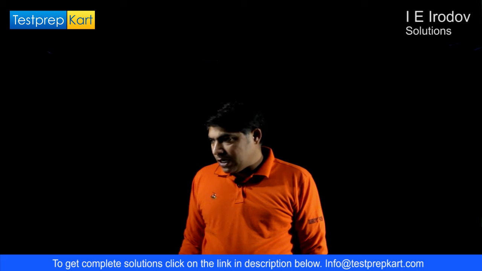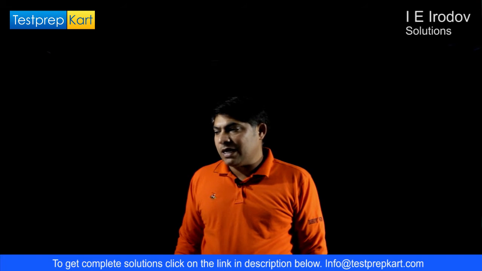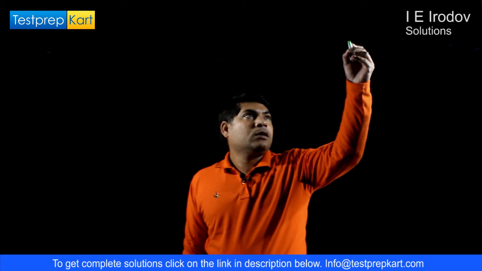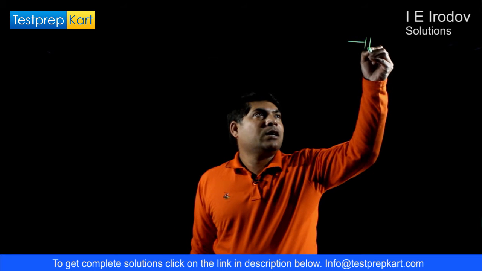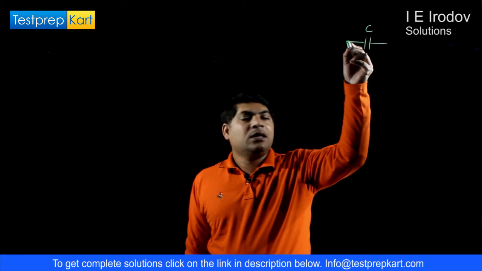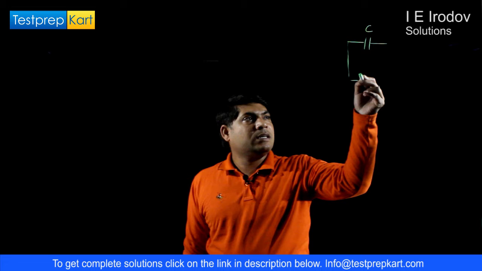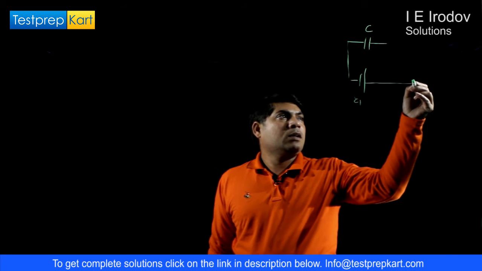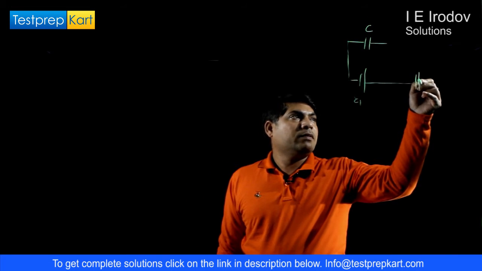So in this question, a figure is given that comprises a capacitor and two cells. There is a capacitor of capacitance C and two cells are connected, one of EMF E1, another with EMF E2.